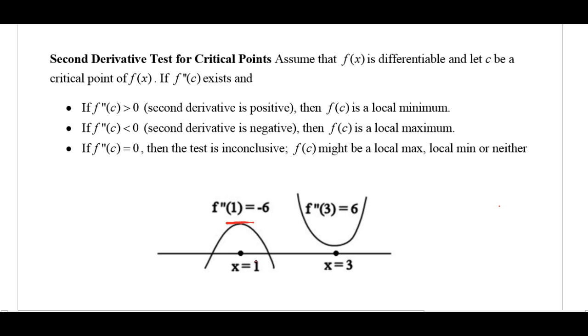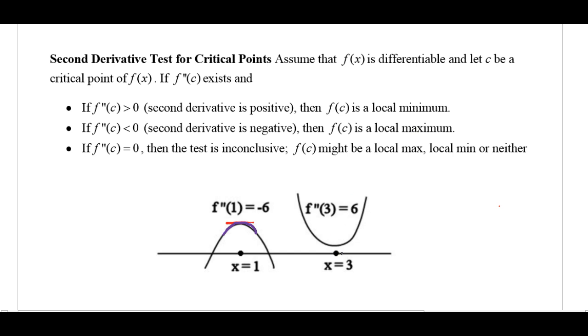Now if you substitute that critical point, 1, into the second derivative and get a negative value, well, if the second derivative is negative, then the original function's concave down, or it looks like a downward facing bowl there. So if I have a horizontal tangent line and a downward facing bowl, then that means at that critical point, I must have a local maximum. So when the second derivative at the critical point is negative, I have a local maximum.